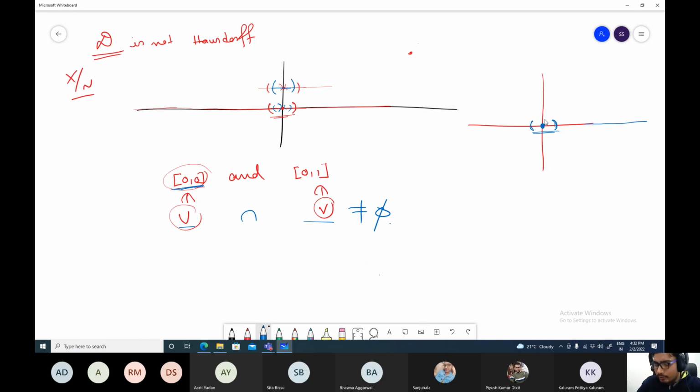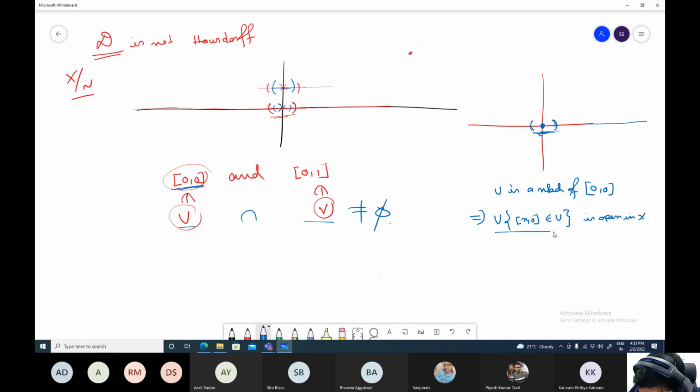So we do not know what the neighborhood is. If U is a neighborhood of (0, 0), then its inverse image, the union of this, with (x, 0) belonging to U, is open in X. This is the definition of an open set in the quotient topology, in the quotient space.